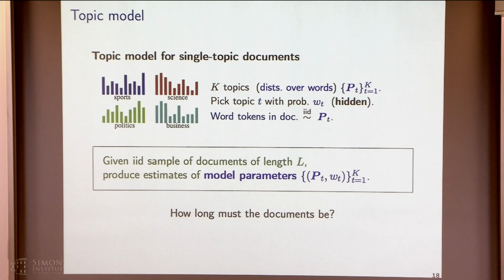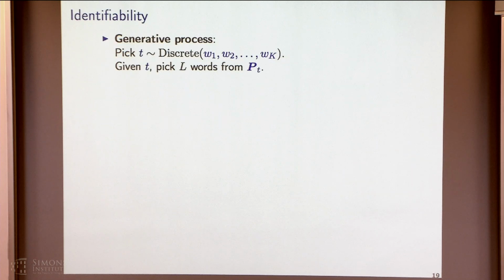We could simplify it even further and just say maybe the topic choice is uniform at random. Okay, so again, this is the generative process that we have.